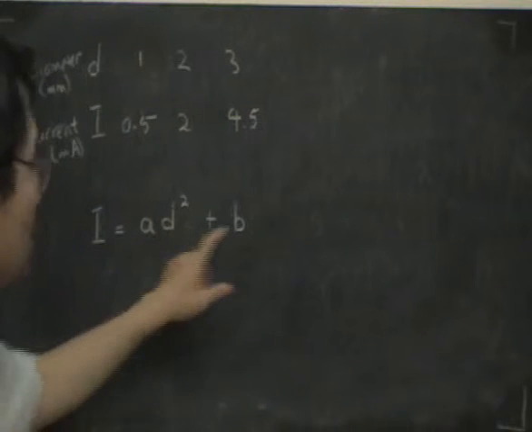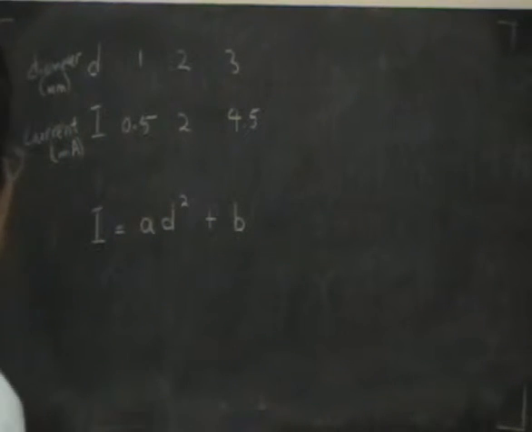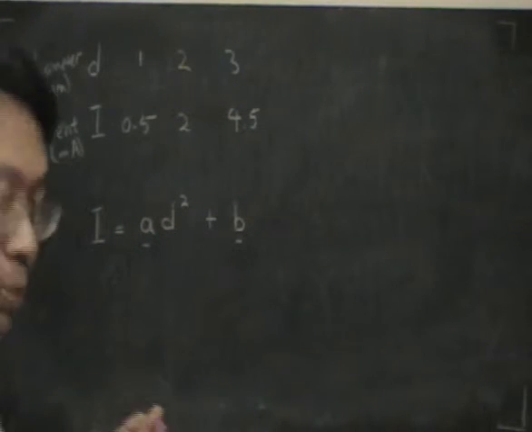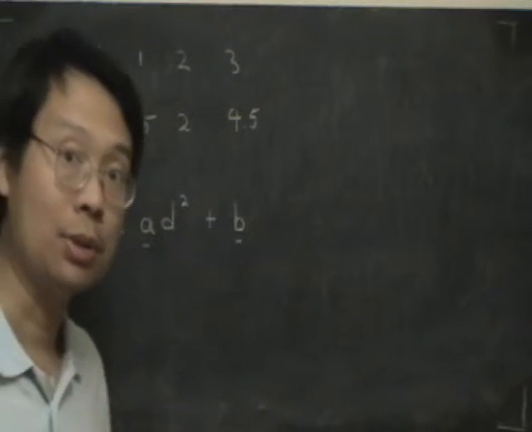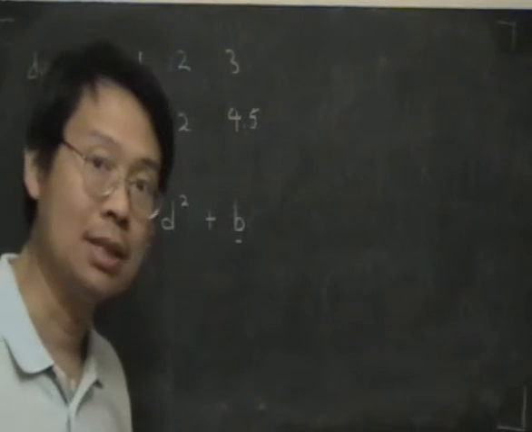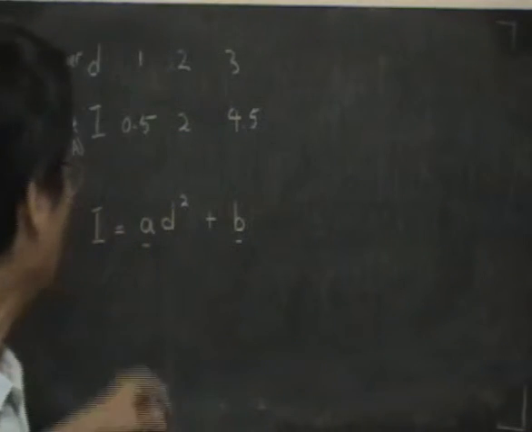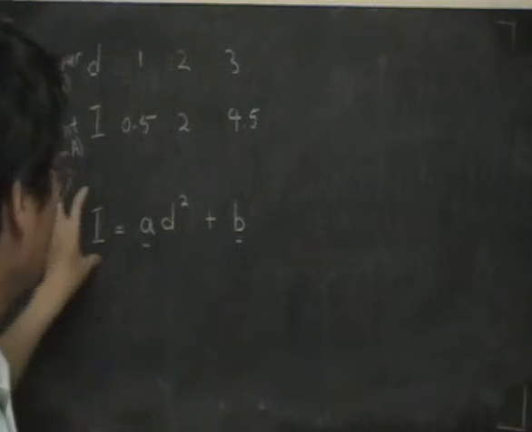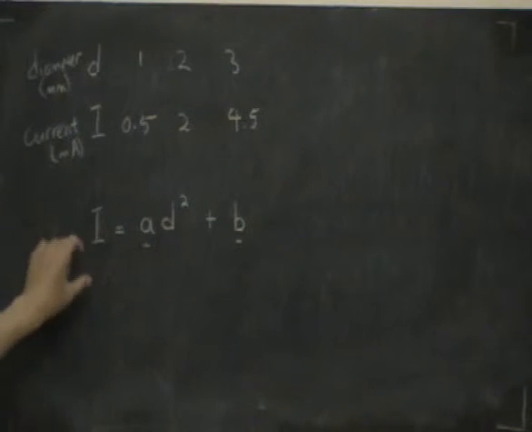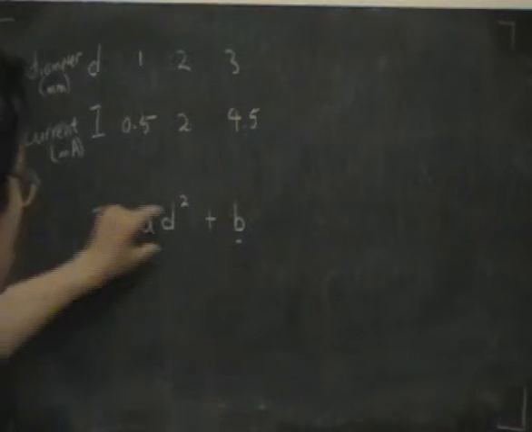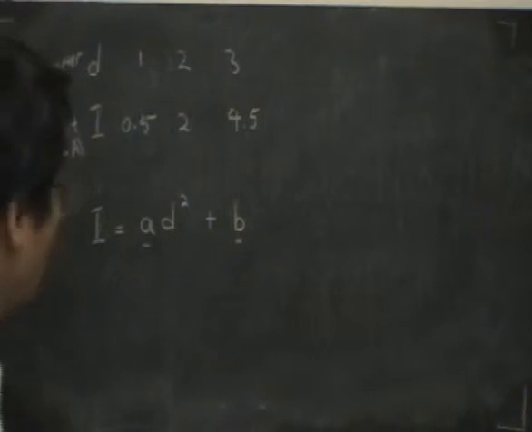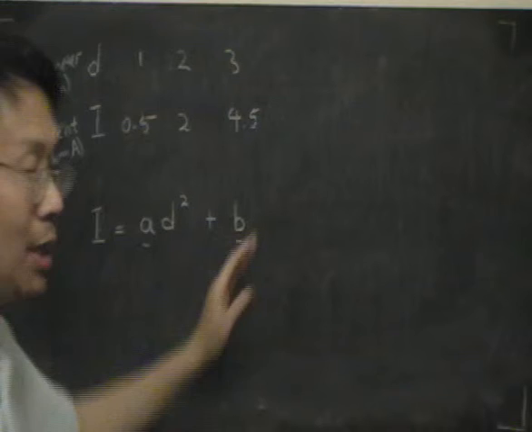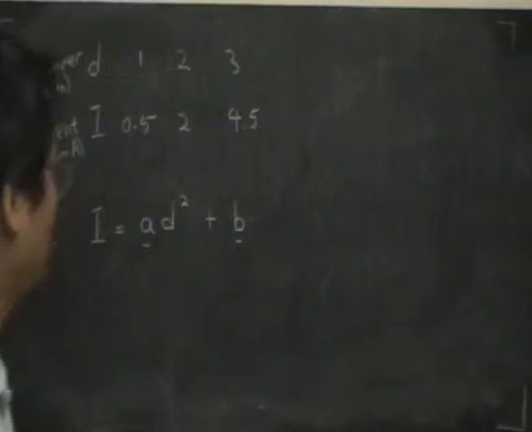Alright, we have I, A, D and B. Now A and B here are supposed to be numbers, like M and C in y equals mx plus c. So A and B here are numbers that we must find in order to make this formula. And this is supposed to be a formula relating I and D. So we want to make this formula by finding the numbers A and B. Okay, so A and B are like two blanks that we have to fill in.